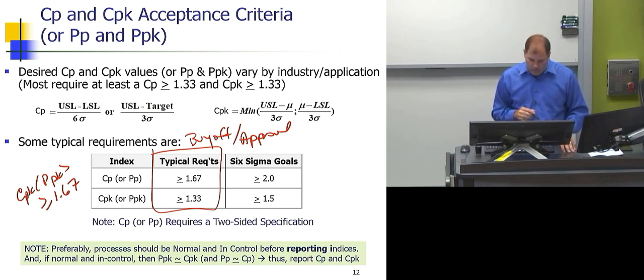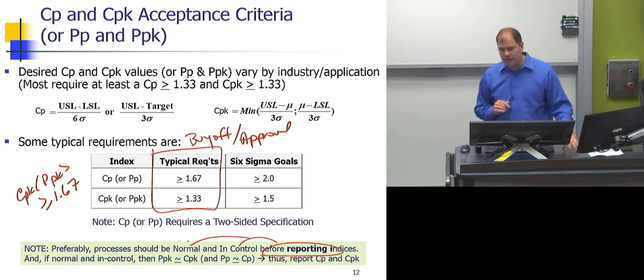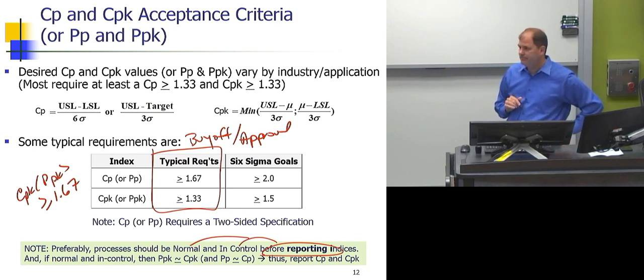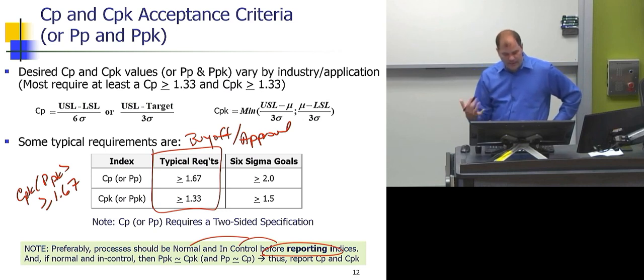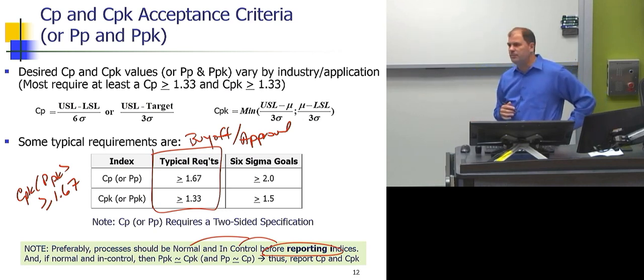By the way, you may go some places that will say, before you report an index, you need to make sure that the process is in control and normally distributed. If you are going to do that, then there is really no difference between CP and PP and CPK and PPK, right? Because the process is normal and in statistical control, that means there's no special causes.